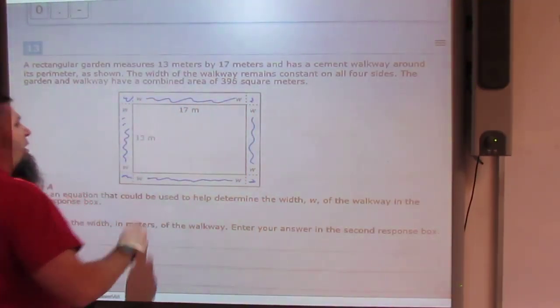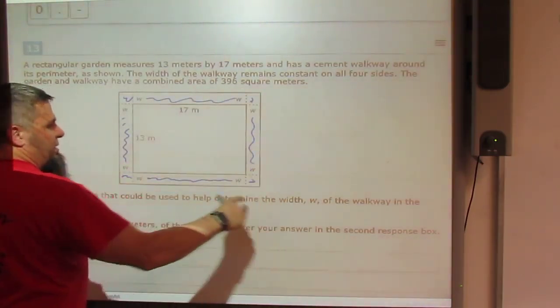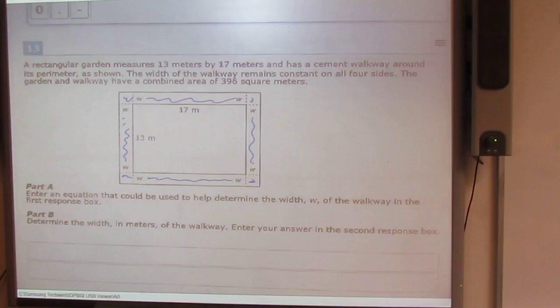The width of the walkway remains constant for all four sides. The garden and the walkway have a combined area of 396. That means this whole area is 396.